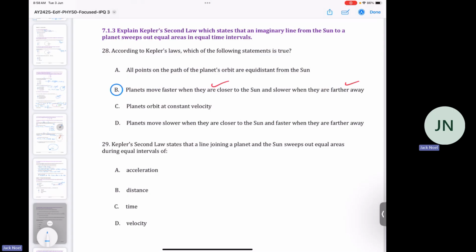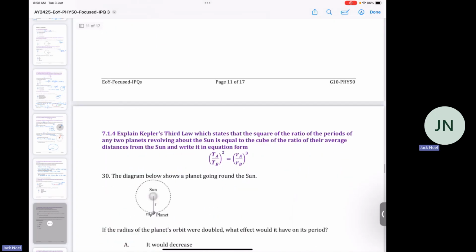Kepler's second law states that a line joining a planet and the sun sweeps out equal areas during equal intervals of time. That's the answer. That's also second. 28 and 29 both are Kepler's second law.